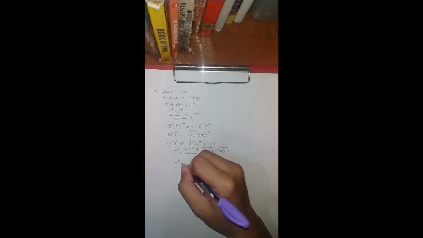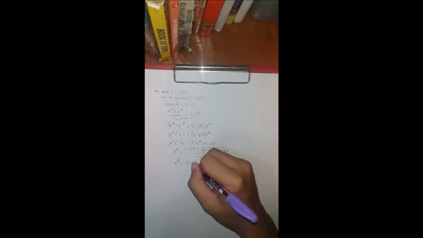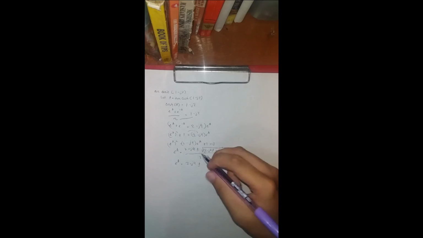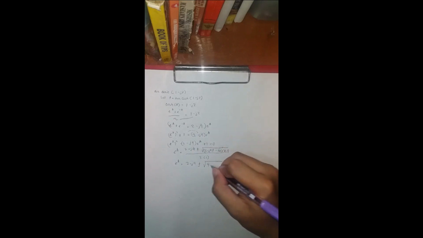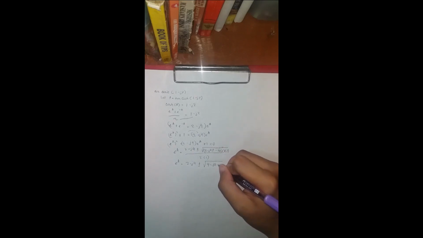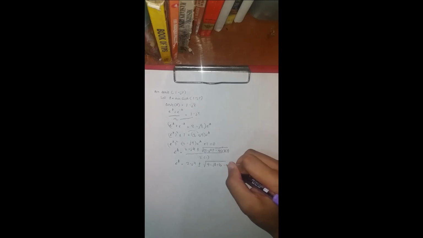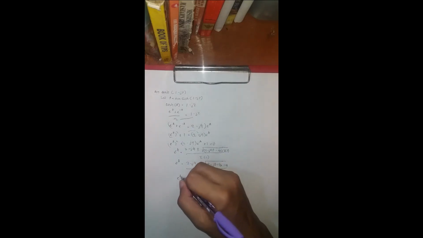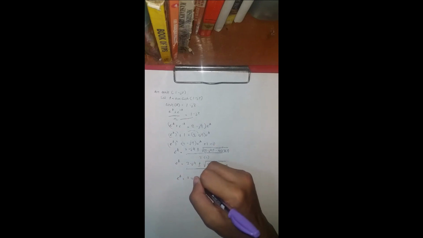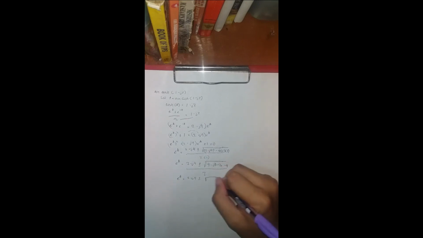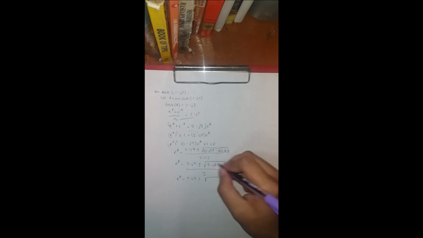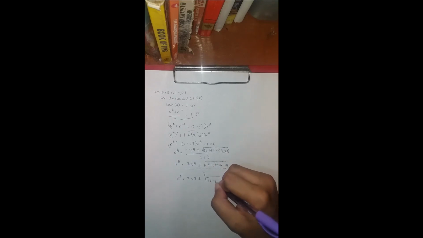Simplified further, e raised to a equals 2 minus j4 plus or minus the square root of 4 minus j8 plus 16 minus 4, all over 2. Simplified further, e raised to a equals 2 minus j4 plus or minus the square root of 16 minus j8, all over 2.